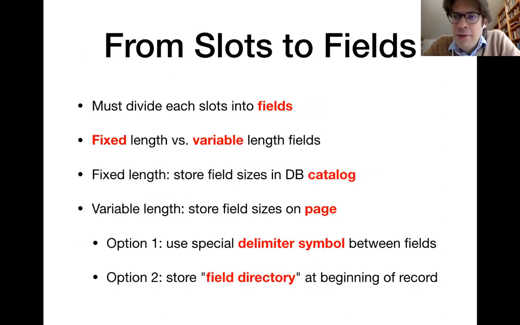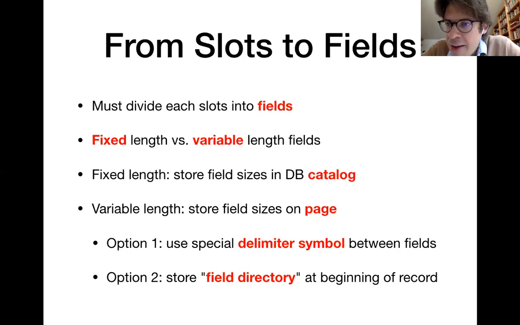We have to decompose things even further, because one row, one record, typically stores data from multiple fields, from multiple columns. And that is why we need to think about how we can divide the space of a slot into space associated with different fields within that slot. And again, we're facing those challenges if my fields have variable lengths as opposed to a fixed length.